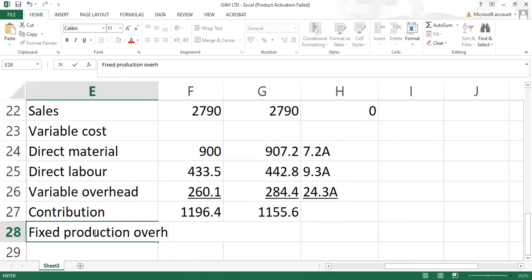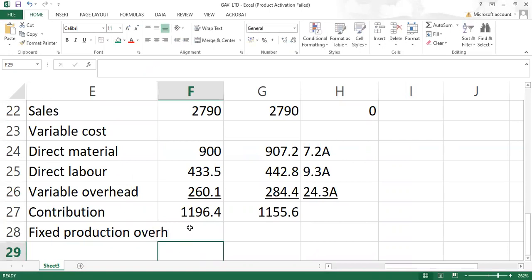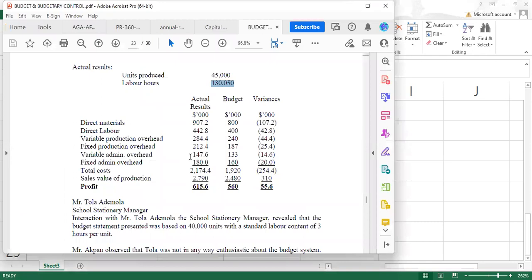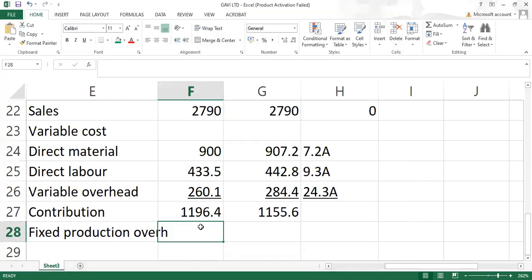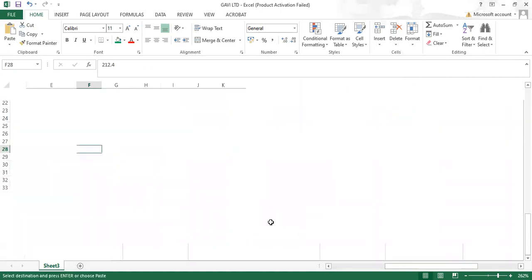Fixed production overhead. So the fixed production overhead, the actual is what? 212.4, isn't it? 212.4. Okay, this is for actual.